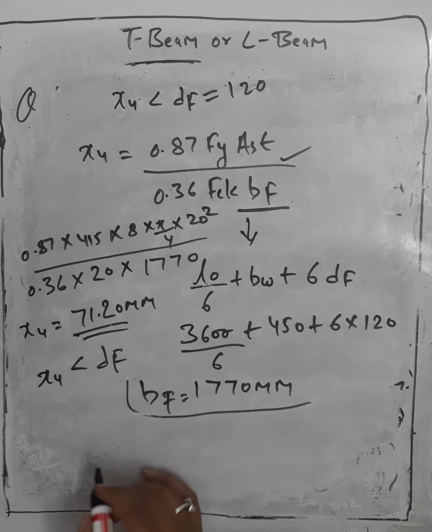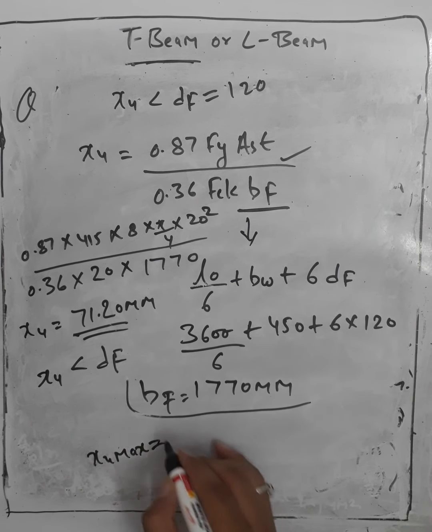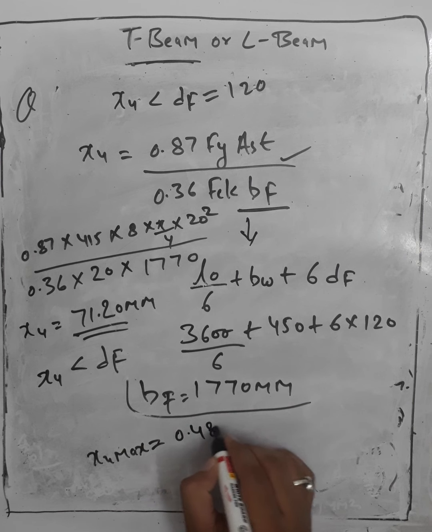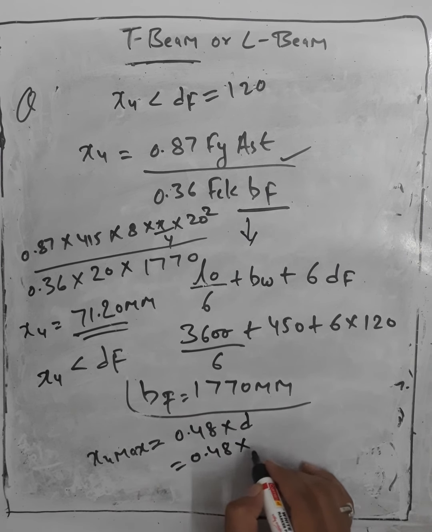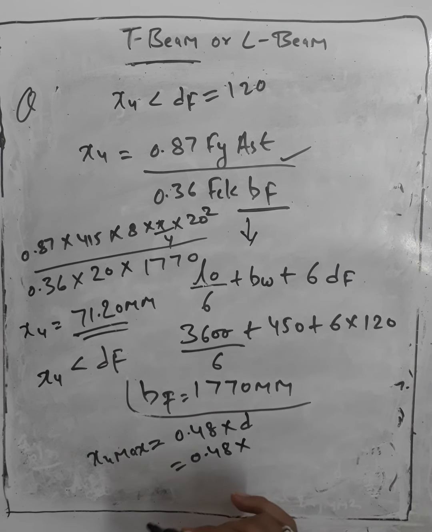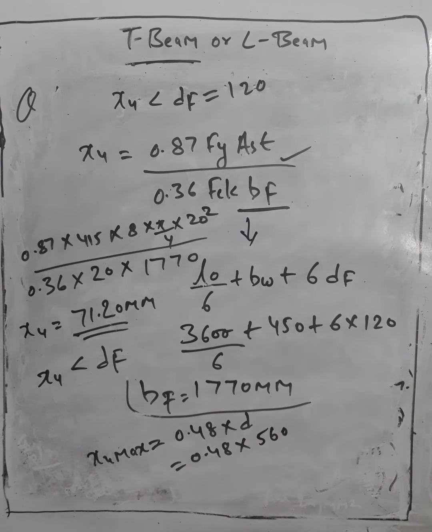So XU max is equal to 0.48 into D, where the value of D is 560.